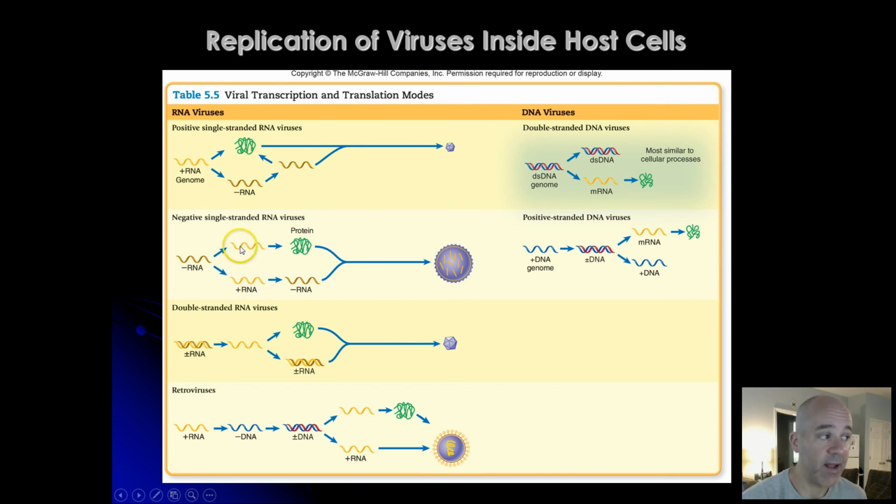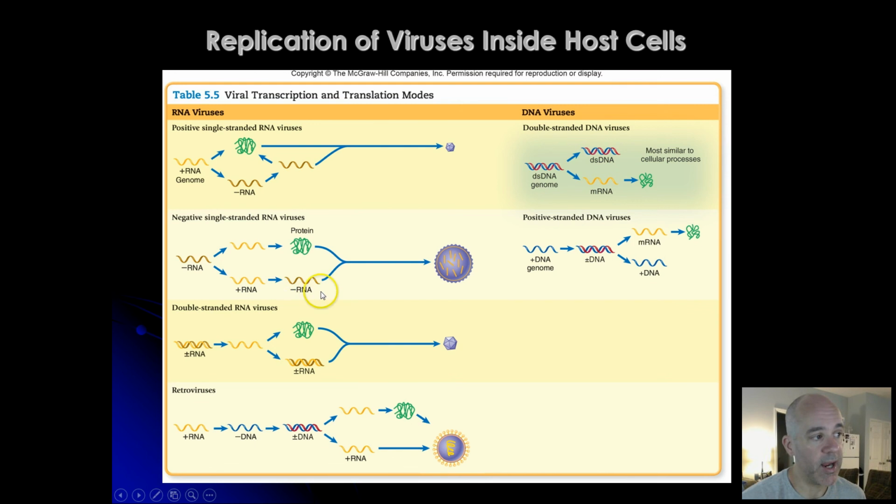And once you've done that, those can be read, those can be translated to make the virus's proteins. And then others will be used as templates to make more minus strand RNAs. So you have to do RNA replication as well. You go from minus to plus to minus using that enzyme.